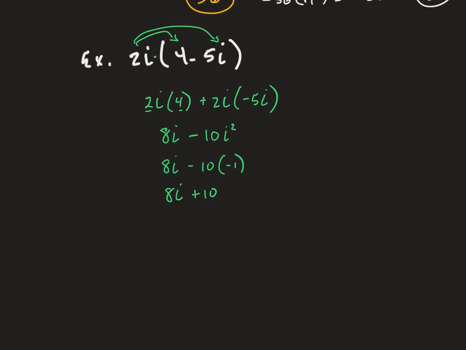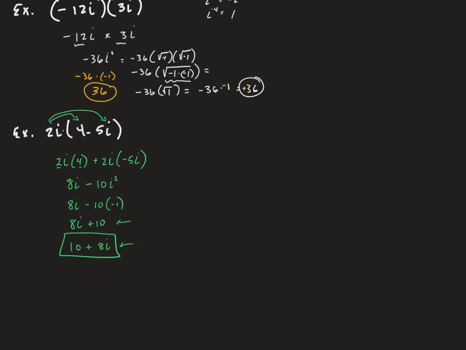And when you write your complex number, your real number is always going to come first. So we will go ahead and reverse this, and it will be 10 plus 8i. There you go. This is an okay answer. This is a better answer. 10 plus 8i. And that is multiplying.